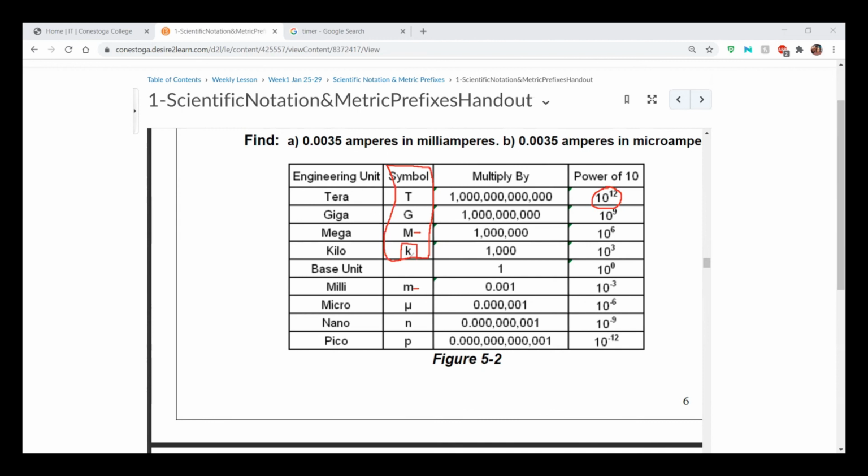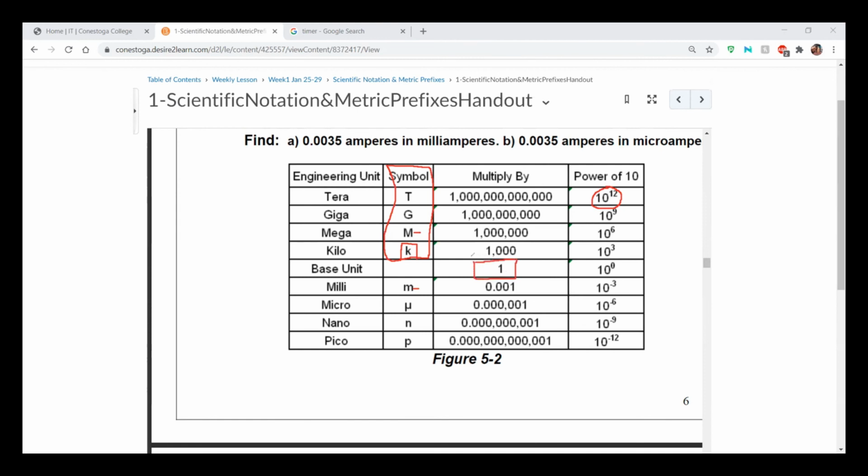So that's why all the small units are in lowercase, like milli, the letter mu, which is a Greek letter, then the n for nano, and the p for pico. And the base unit is always 1.